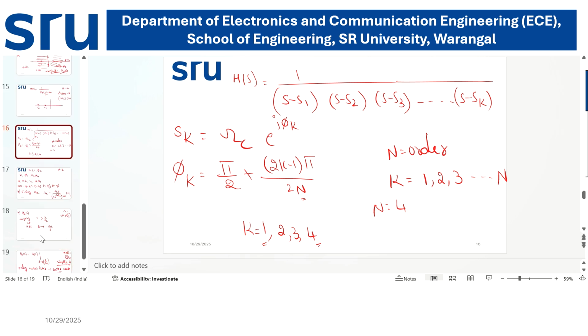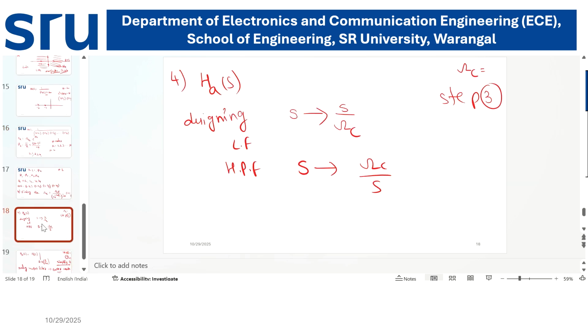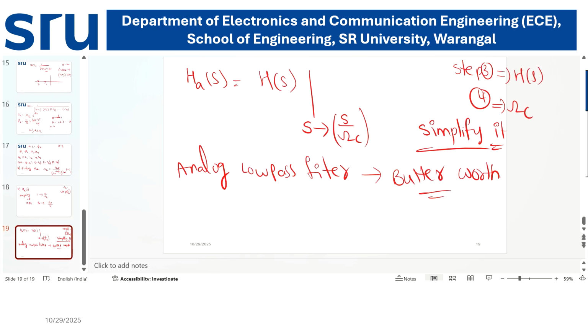Then we determine the unnormalized transfer function using step number 3 and step number 4, where s has to be substituted by s by omega c. If it is a high pass filter, reverse it, omega c by s, so that we can obtain the unnormalized transfer function. That is our overall analog low pass filter designing using the Butterworth approximation. Thank you so much.